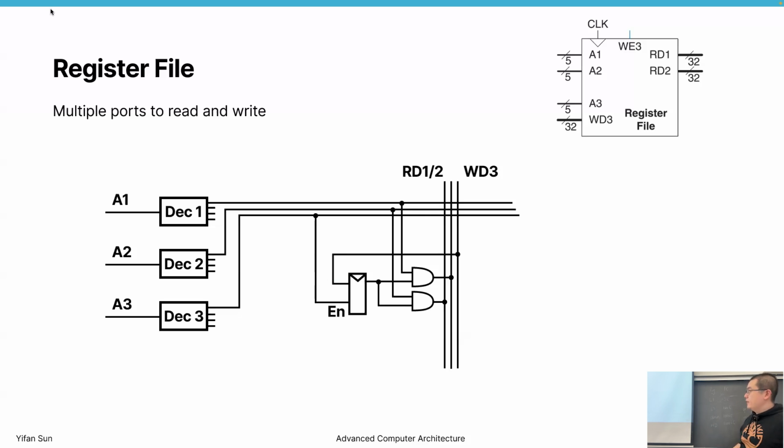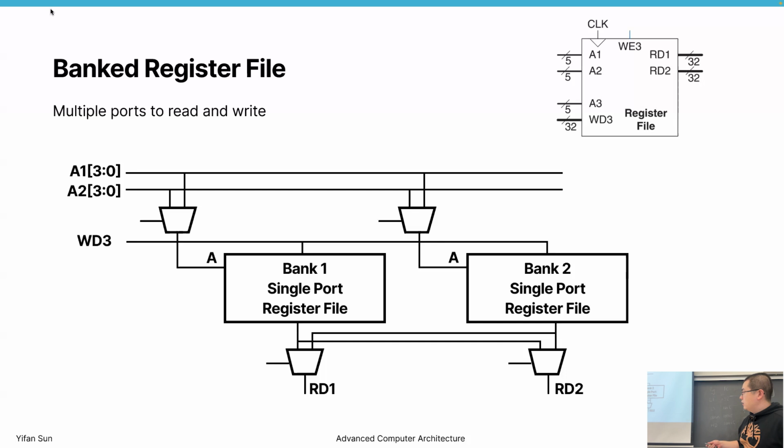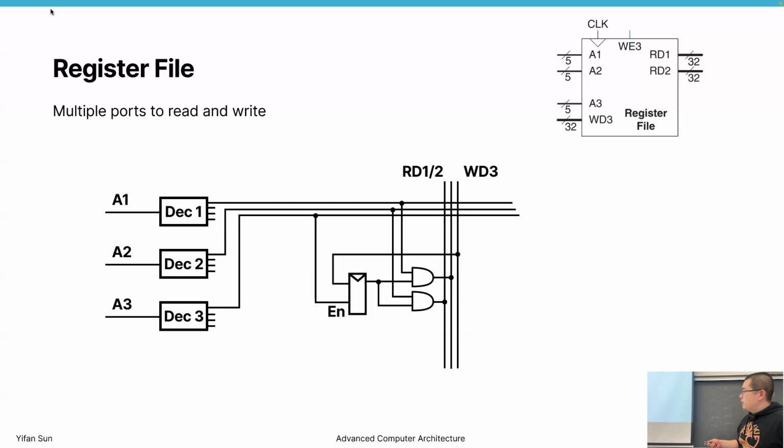So this is another way to design a register file. Save some space, then in general is still okay. Then even this type of design sometimes is too much for GPUs.